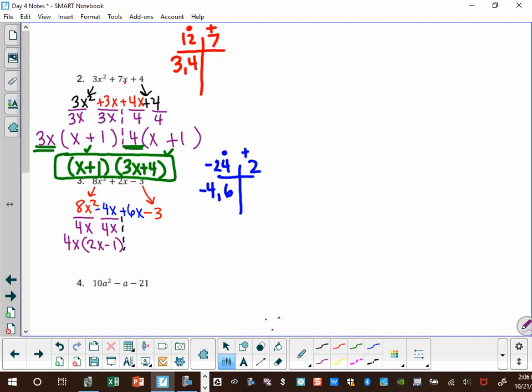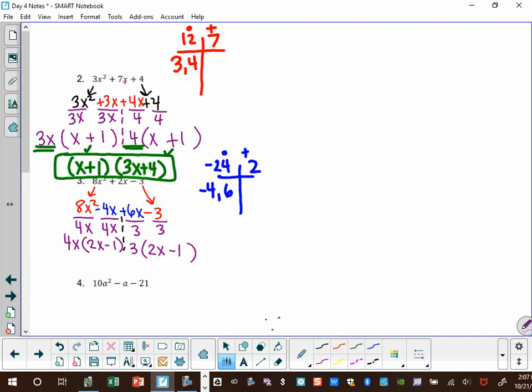Let's look at the right side. What is my GCF of 6 and 3? Just 3. So if I divide, what's 6x divided by 3? 2x, and then negative 3 divided by 3 is negative 1.